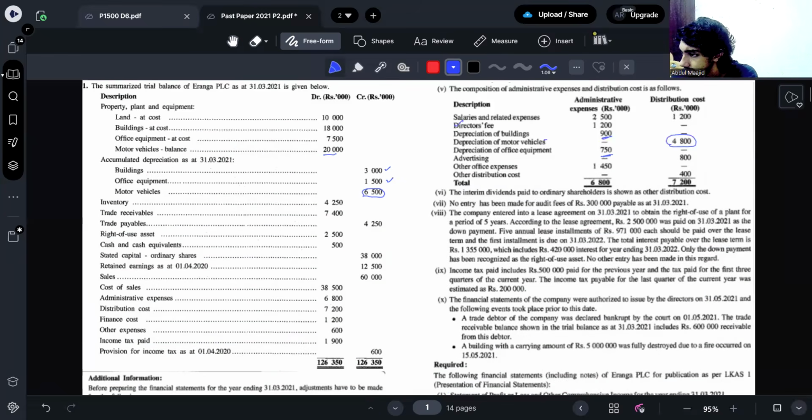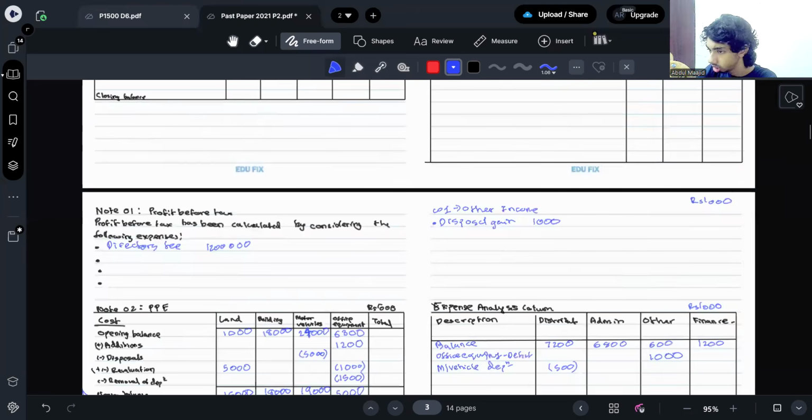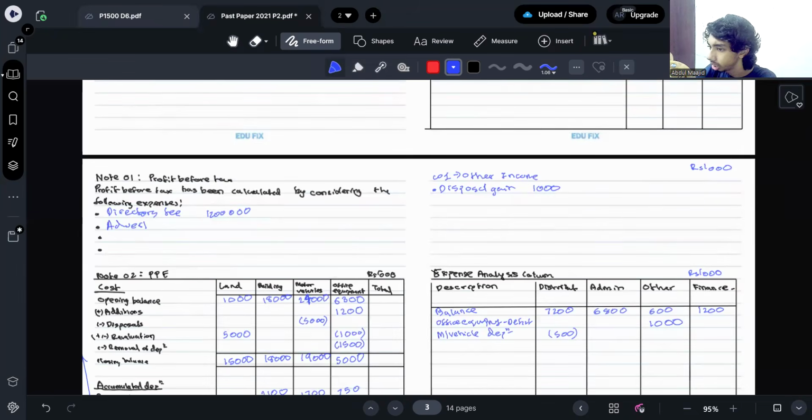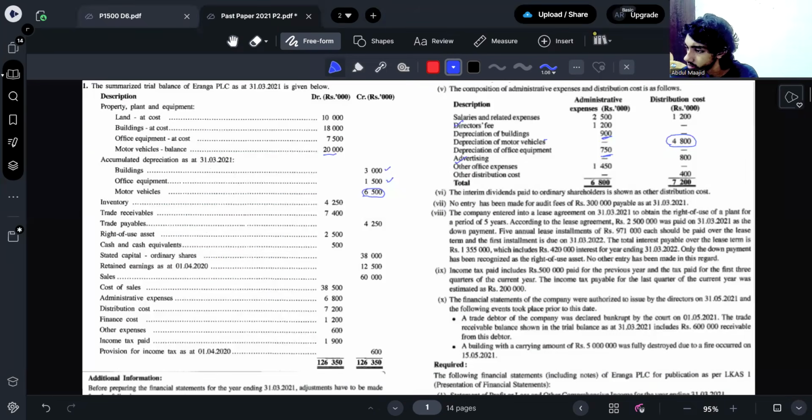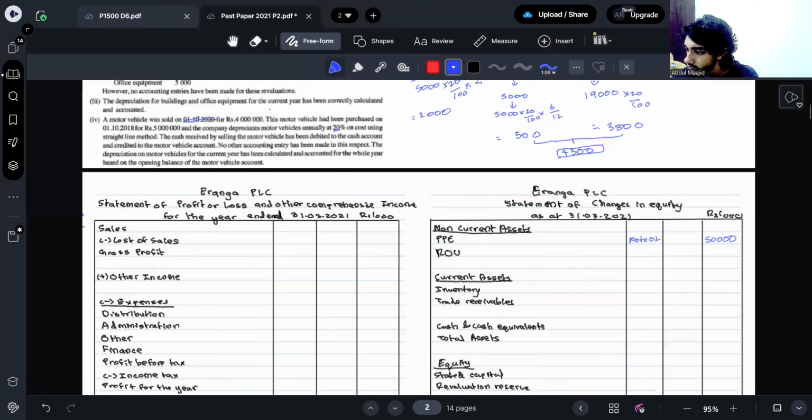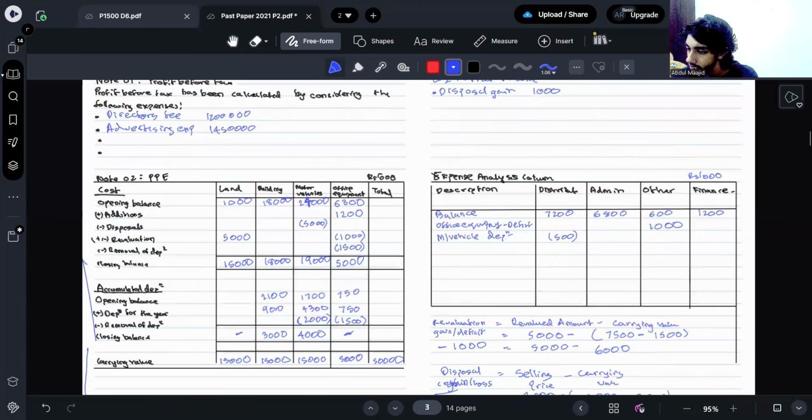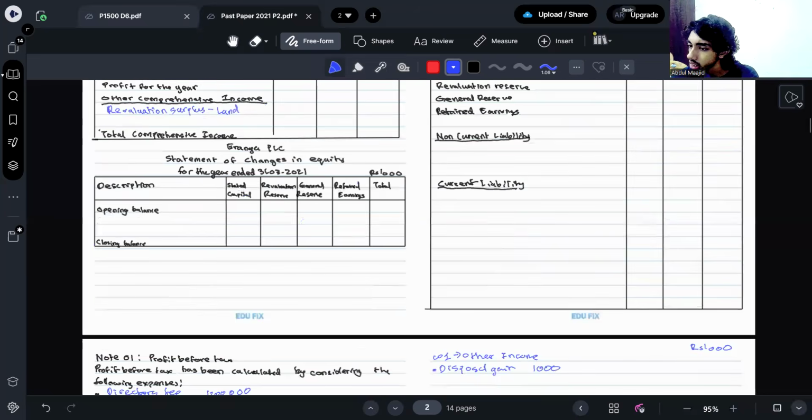Then you can take advertising expense 1,450,000. You can take any of the expenses which are correct out of here, no issues. I prefer taking the least interest and the least depreciation, but you can take any of these. Don't take this depreciation of motor vehicle, record the correct value that you found here. You can record these depreciation values, that's totally fine.